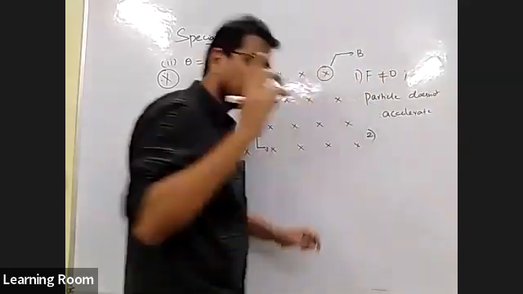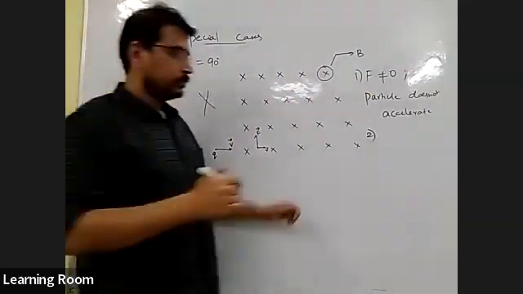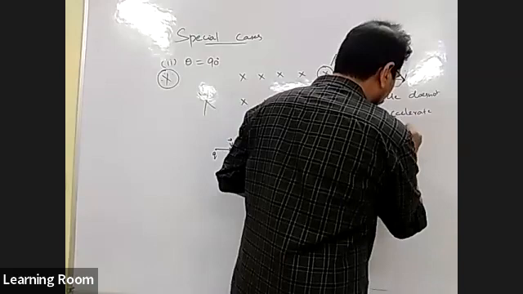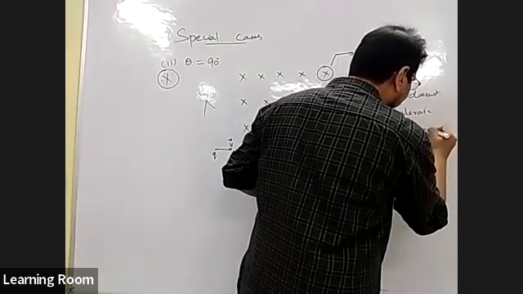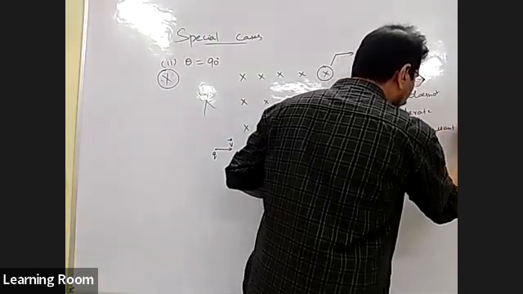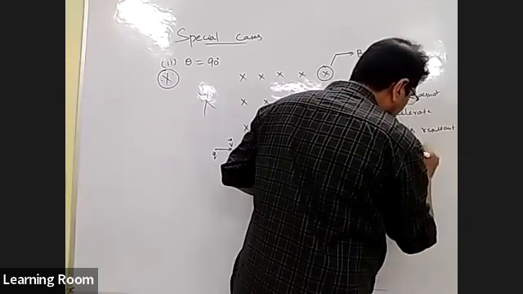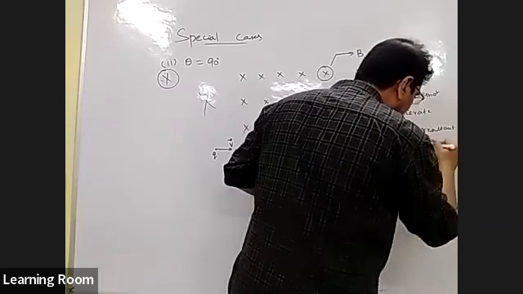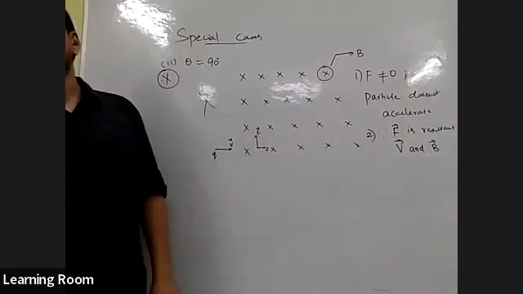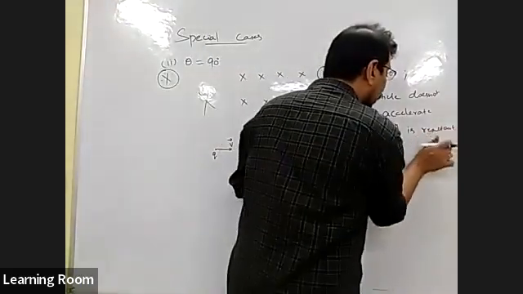What about the second point? Since F vector is the resultant of whom? V vector and B vector. Correct? So resultant of V vector cross B vector.